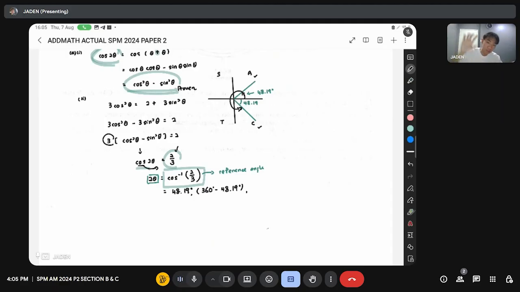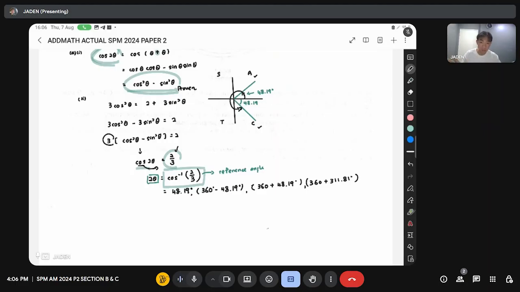So when it comes to the second cycle, you will take 360 plus 48.19, and one more you're going to find using 360 minus 48.19, you will end up with 311.81. So that is how you get your fourth theta answer.